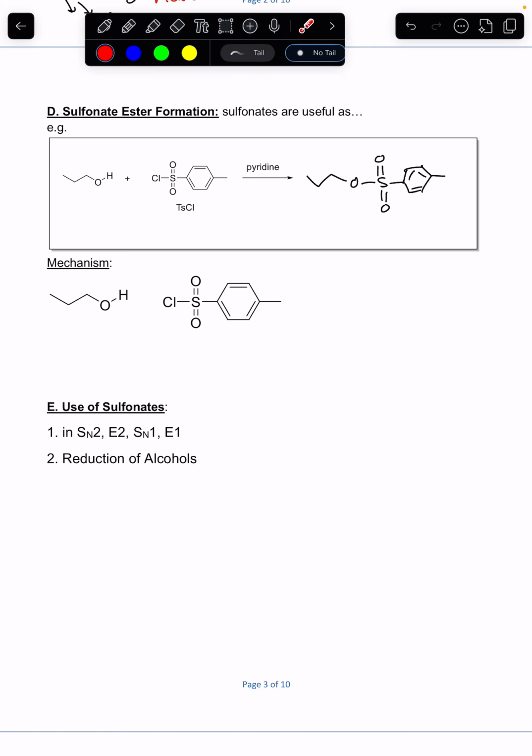A very common reagent is this toluene sulfonyl chloride. The short name for it is tosyl chloride.